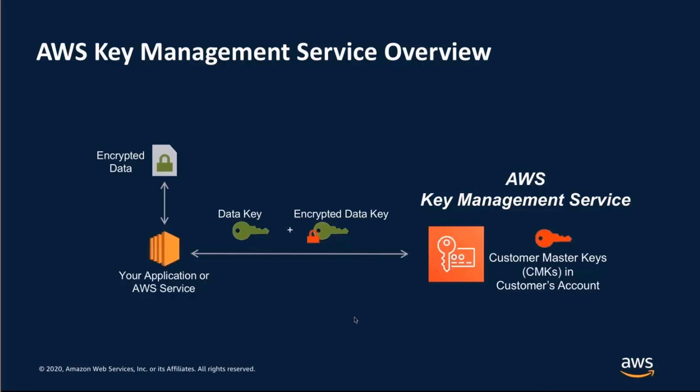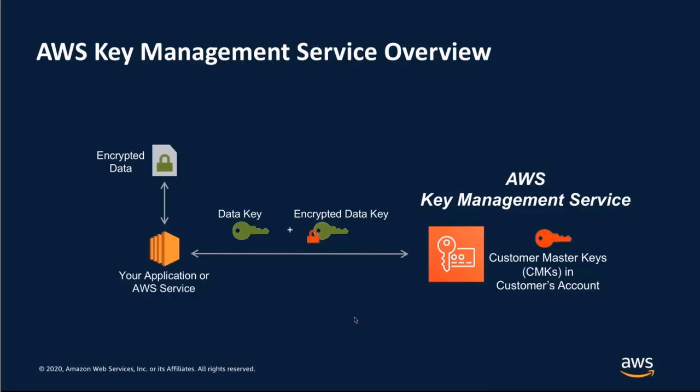And when you want to decrypt that data, you send it back to AWS KMS, and then the plain text key is returned back to you. So you send KMS the encrypted data key, it returns you the plain text, and you use that plain text to decrypt the actual data itself. So that, in a nutshell, is what the AWS KMS has been doing over the last 5 years.